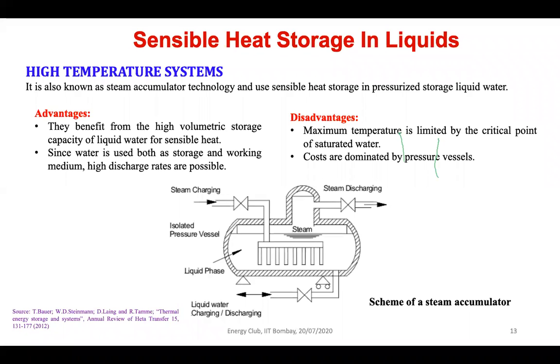However, the disadvantage here will be the steam, whatever you will get at the outlet of this steam accumulator, will be saturated. So it will not be superheated. So you have to employ some other technology to superheat it. Otherwise, this wet steam may cause many problems.